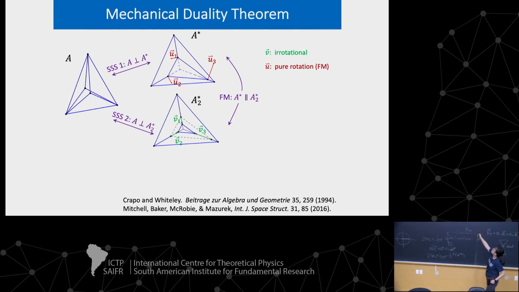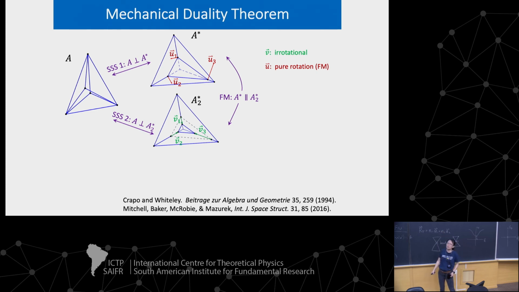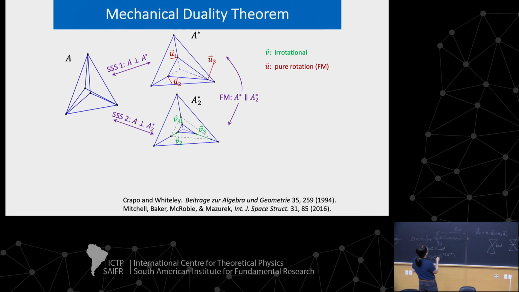It is obvious that they have different geometry. However, because each bond here, the corresponding bond here, they must be parallel because they are both perpendicular to some bond here, right? So as a result, from this one to this one, you need an irrotational mode, a mode that only changes the length of the bond without rotating them, okay? And that is this green arrow. And then from that irrotational mode, you can locally rotate each of the displacement vector by 90 degrees.